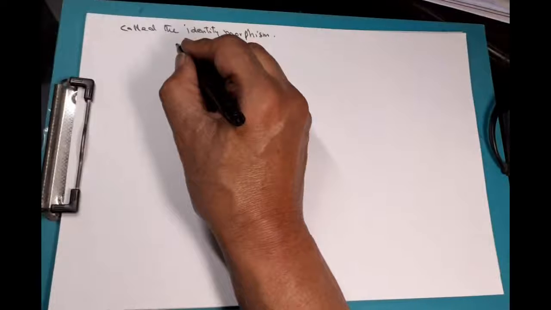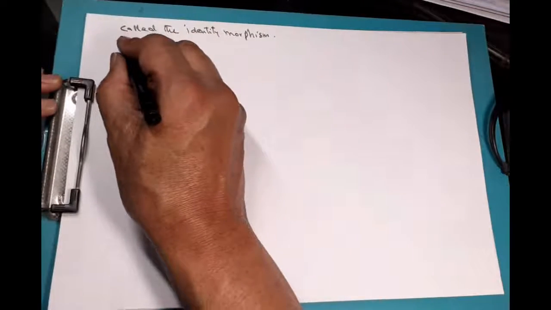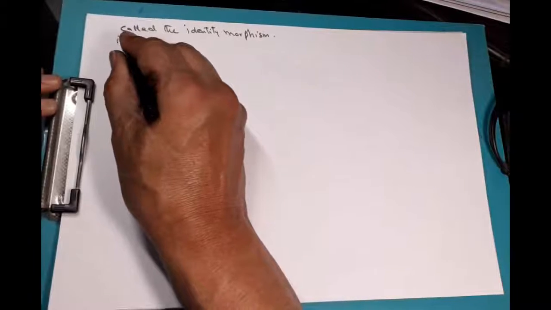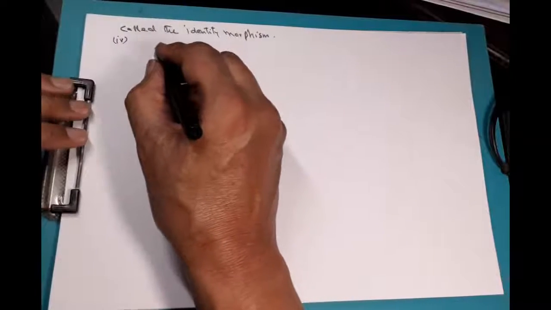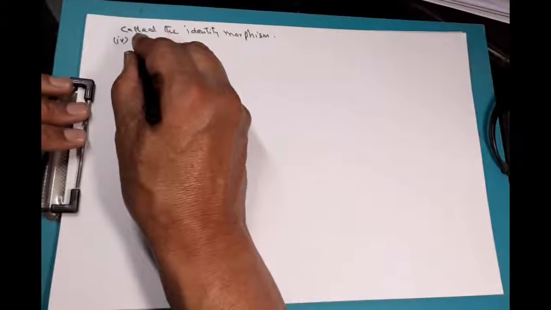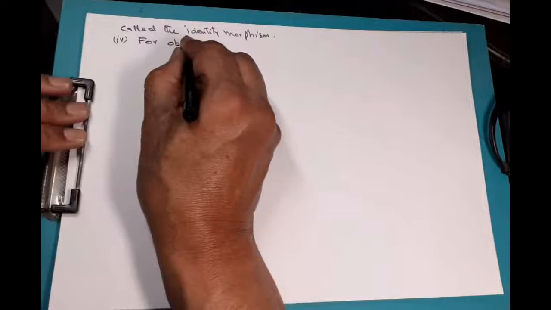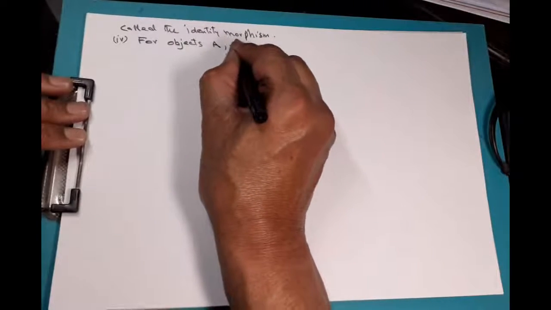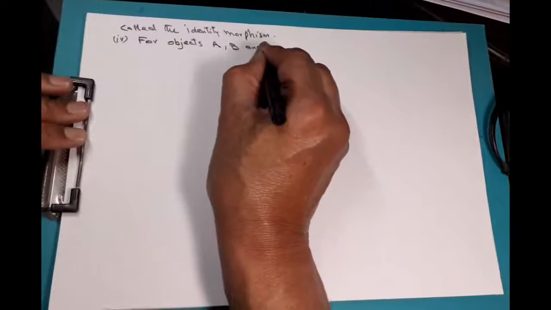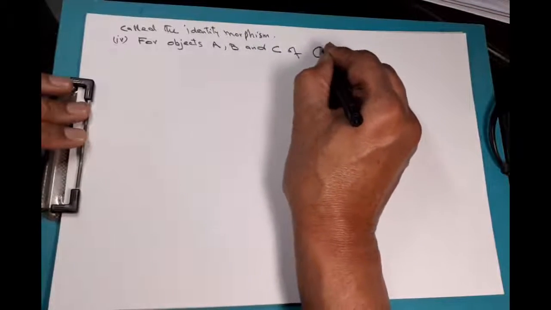And then after identity morphism, we come to number 4, and that is about composition of morphisms. So for objects A, B, and C of category C, remember that?